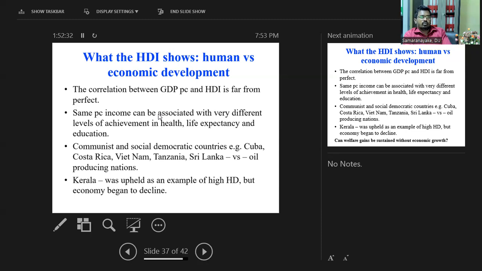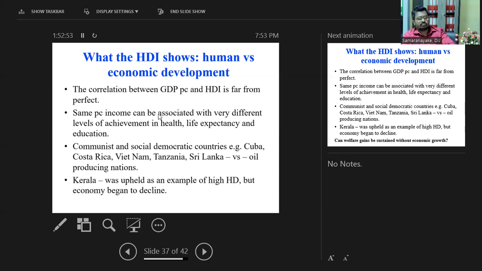Now we can think of the relationship between production, I mean national output or GDP, and HDI. They are not matching most of the time, because different countries have different setups.